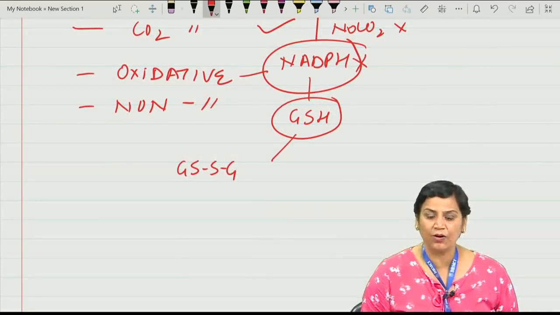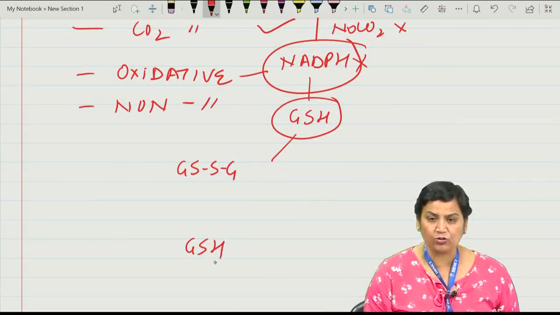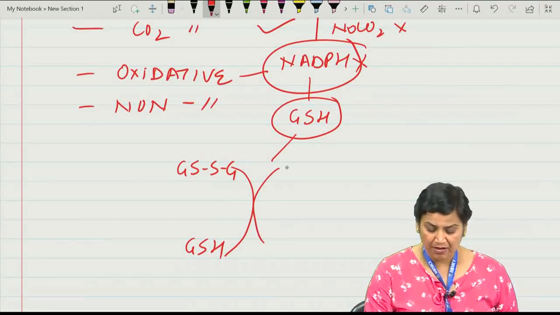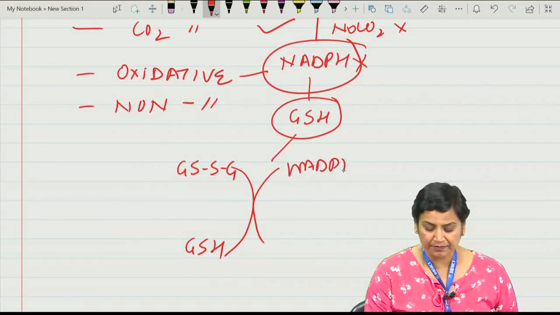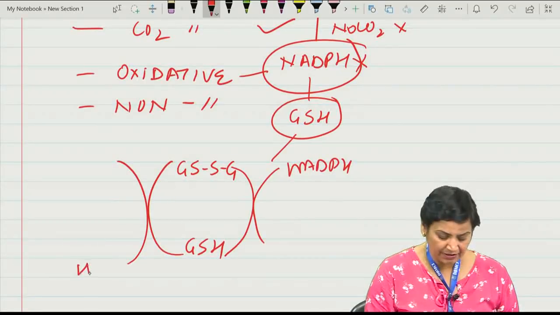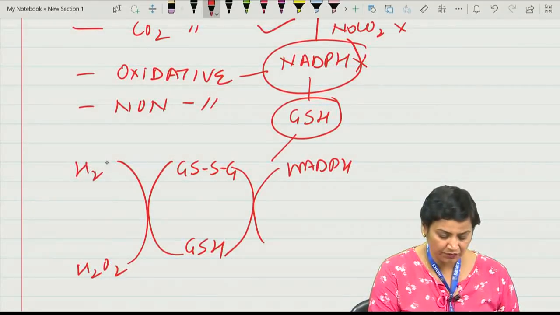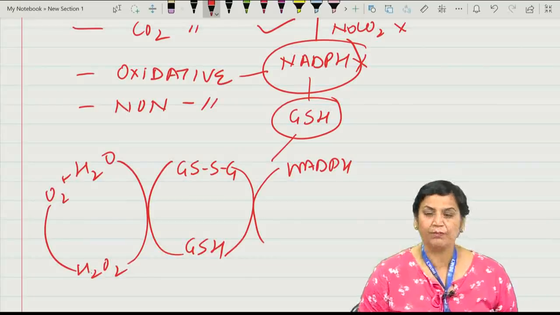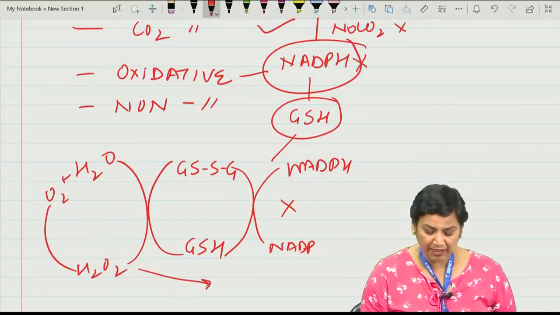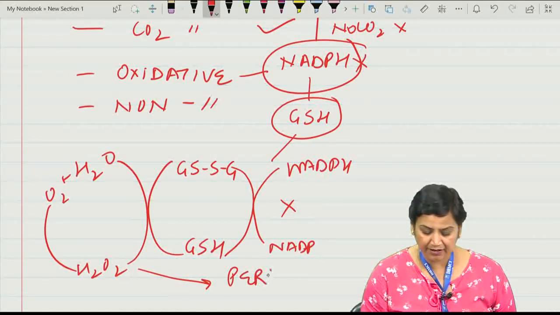One is the oxidized form, other is the reduced form. To maintain glutathione in its reduced form, NADPH is required. And this glutathione, when in reduced form, helps in the degradation of hydrogen peroxide. So deficiency of this leads to formation of peroxide free radicals.